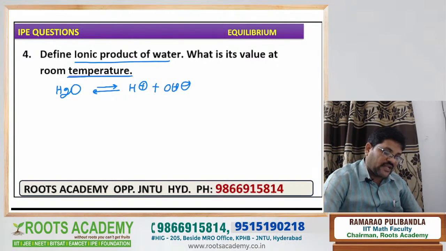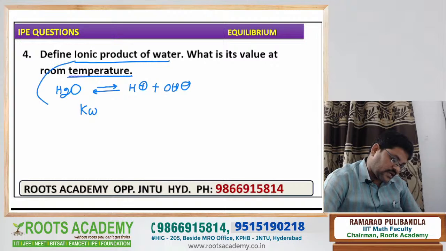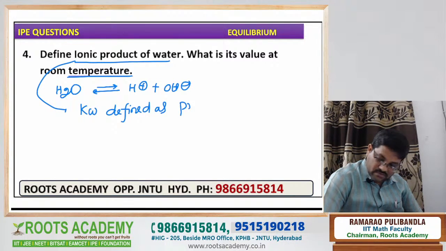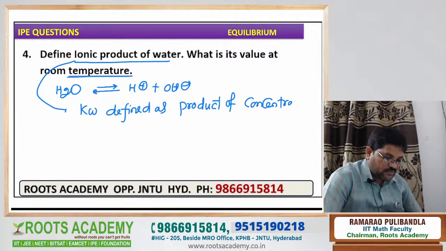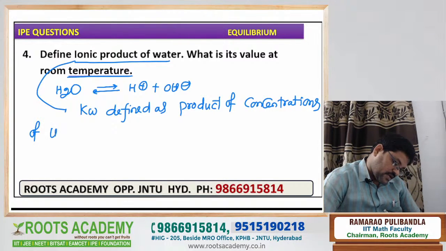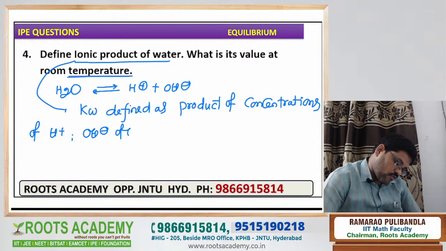Now how do you define the ionic product of water? Just like KSP. The symbol of the ionic product of water is taken as Kw. Kw is defined as the product of the concentrations of H plus ions and OH minus ions of the water at room temperature.